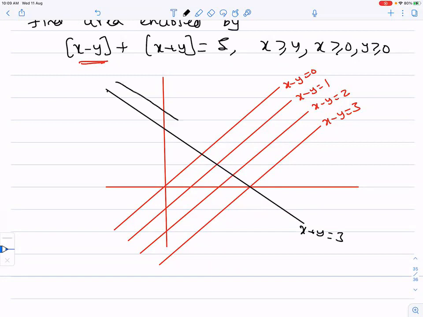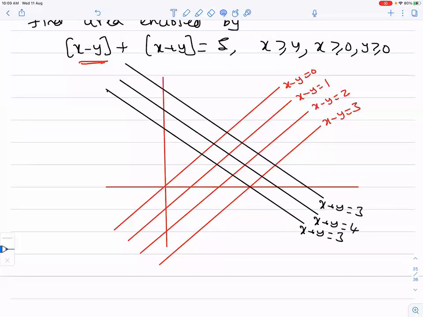And above this, there will be, sorry, my mistake. Copy, paste. X plus y equal to 4. This is x plus y equal to 4. And this is x plus y equal to 5.